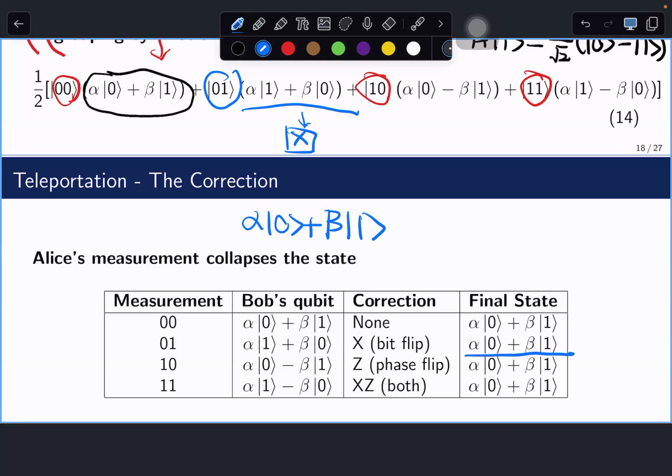The third case, we measure 1, 0. The third qubit will collapse to state alpha |0> minus beta |1>. And remember that our input should be alpha |0> plus beta |1>. Remember how we described that we can add X gates and Z gates to implement the remaining 3 Bell states.